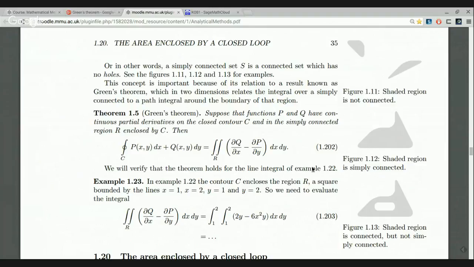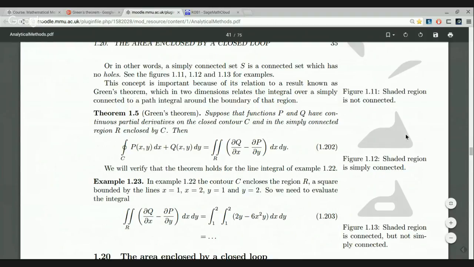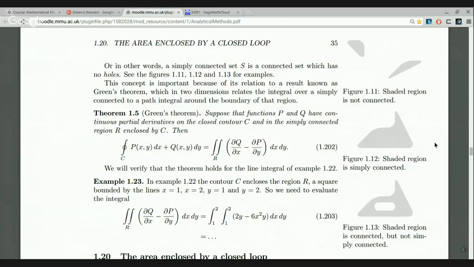Whereas the boundary curve of the region at the bottom is composed of two separate simple closed loops: the boundary around the outside and then the boundary around the inner hole in the region. So simply connected regions, like this figure 12, are regions which don't have any holes in them, and so whose boundary is a simple closed curve.